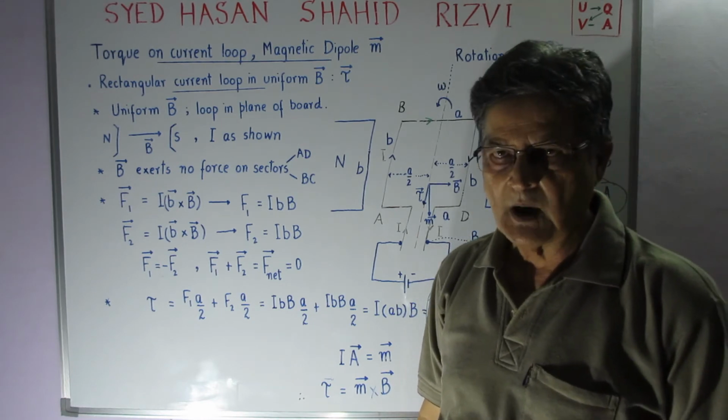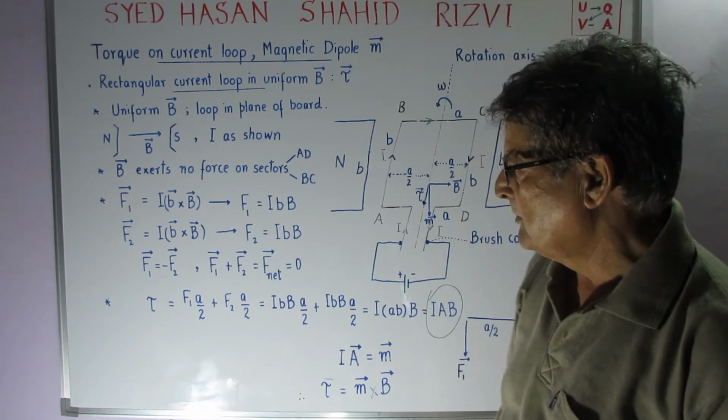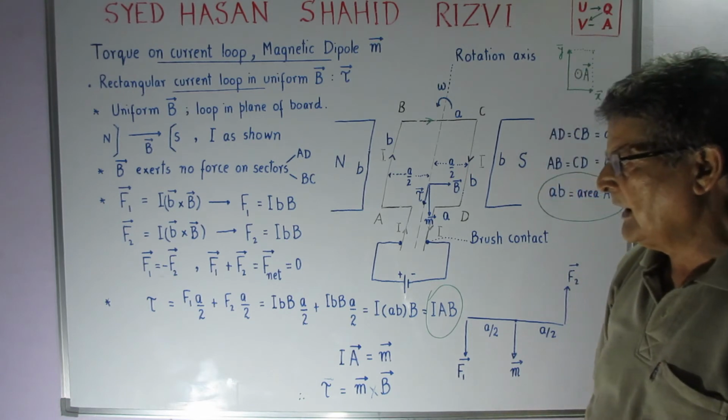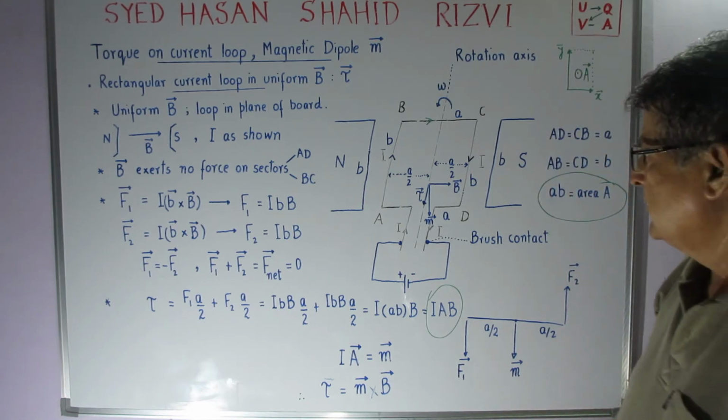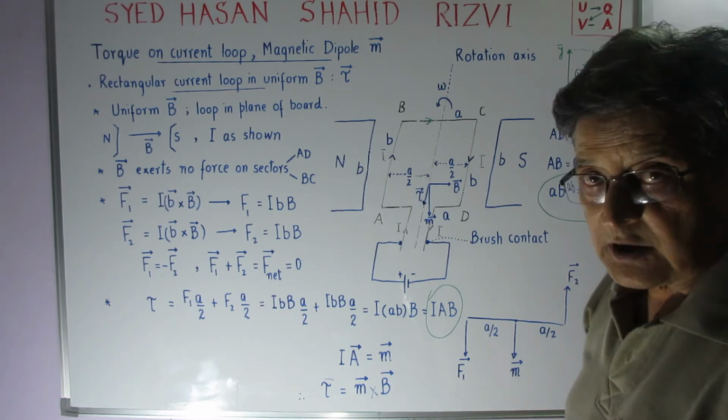That should be borne in mind: the argument you should be able to give readily to another person who is contesting that area is not a vector quantity.